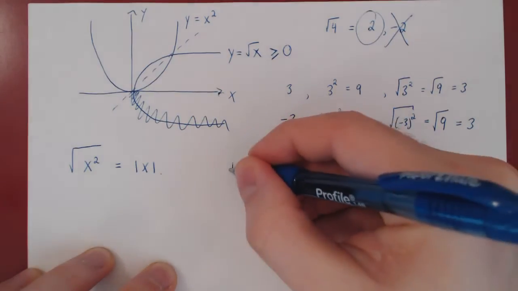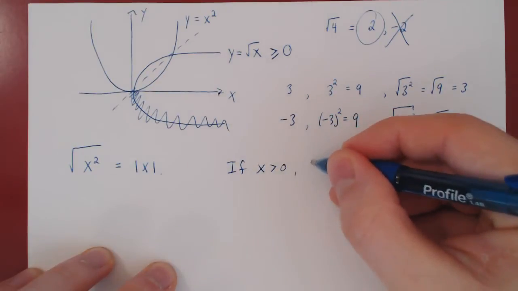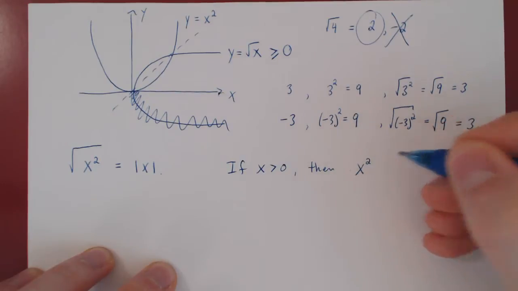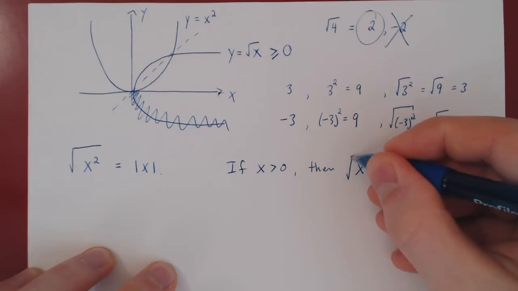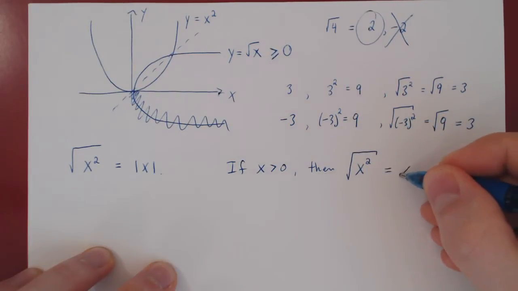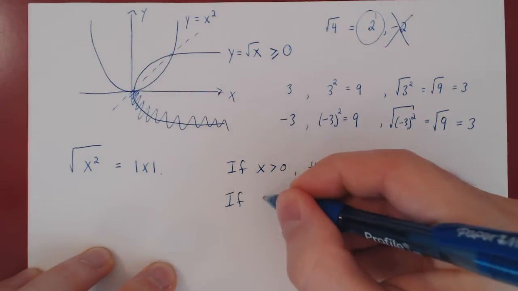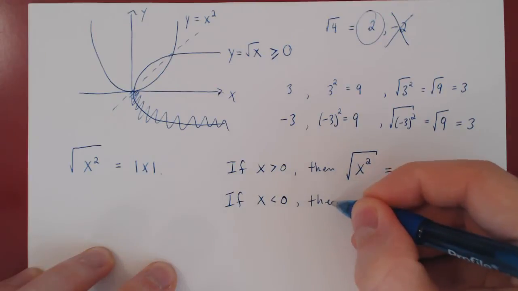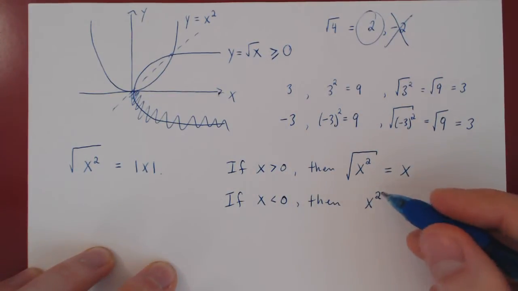Think of it this way. If x is positive, then by squaring x, you don't lose a negative sign, as there is no negative sign to begin with. Take the square root of it, and you get x back. But this is where you have to be careful. If x is negative, then if you square x, you've lost the negative sign. This is now positive.